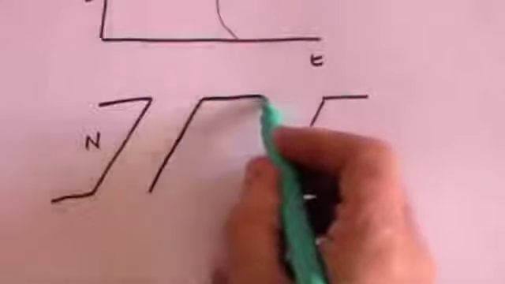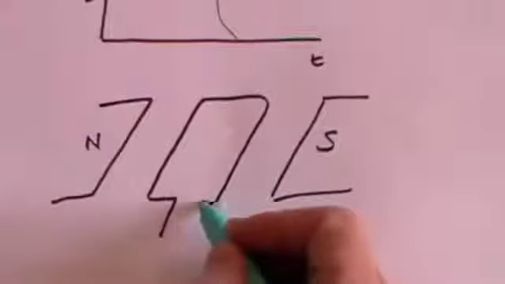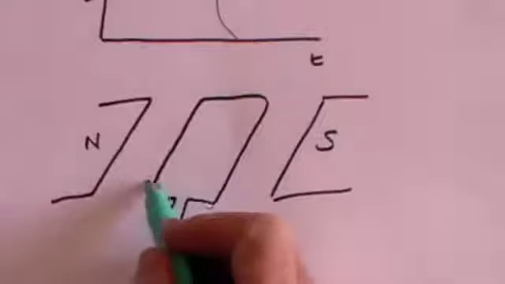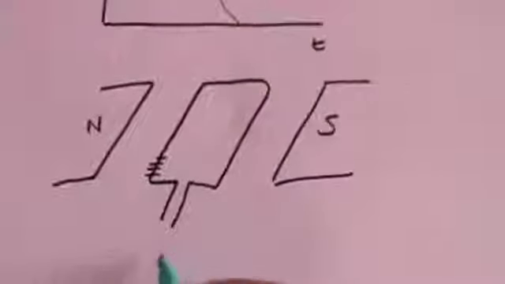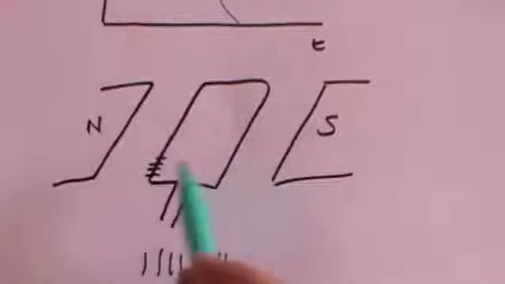This is the south pole of the magnet, and between the magnet we put a loop of wire. This is my loop of wire. And what we do is we put some kind of fins on the wire, and then underneath here we have some kind of heating capacity so that the steam rises and causes the loop to flip over.